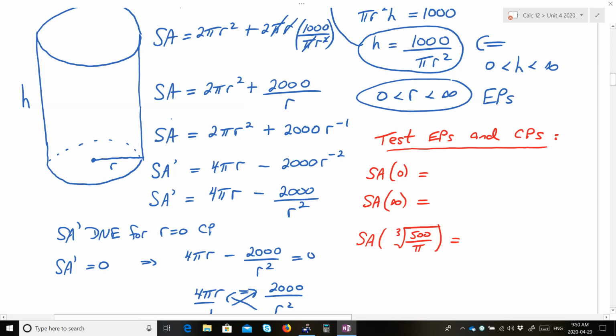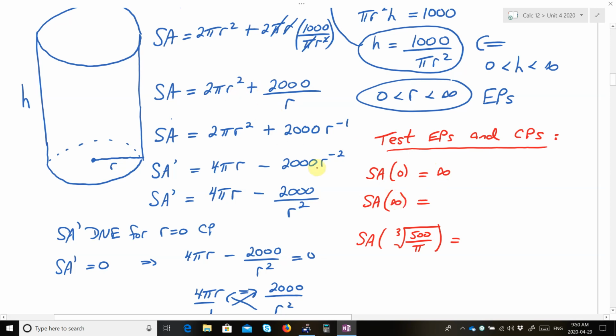Okay, and so our surface area function is this 2 pi r squared business. So imagine putting 0 in for r. It would get rid of the first term, but then you'd have 2,000 divided by something really, really close to 0. So that's going to make a surface area that's infinite.